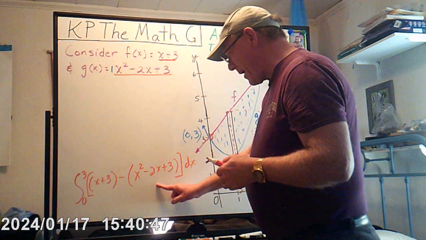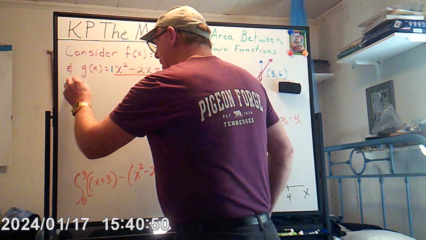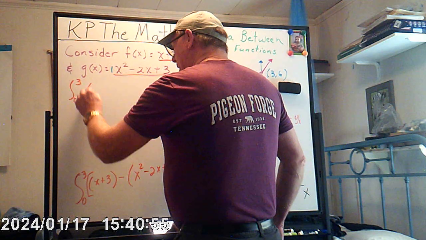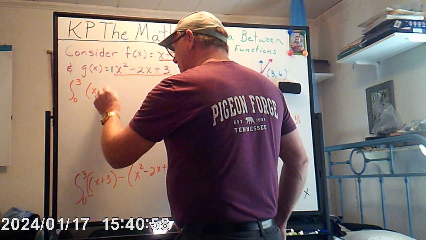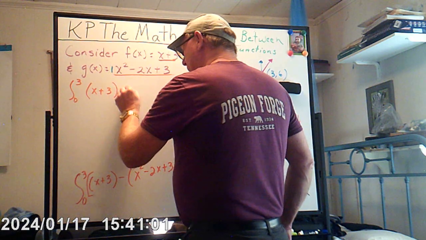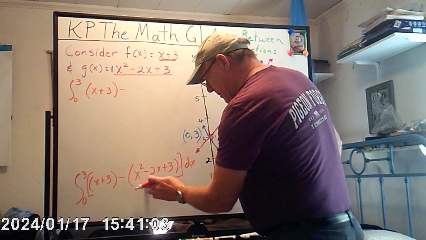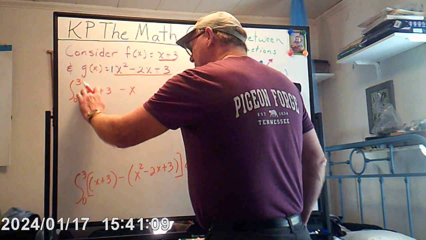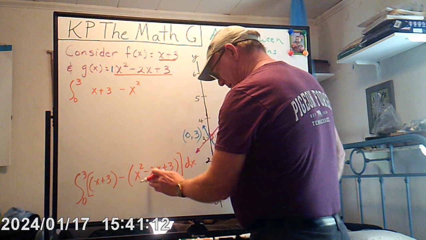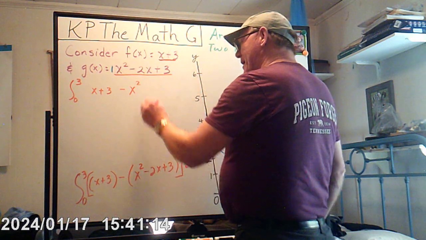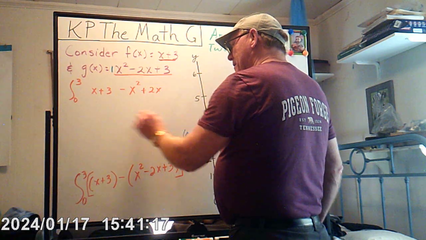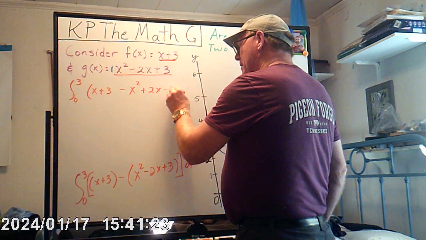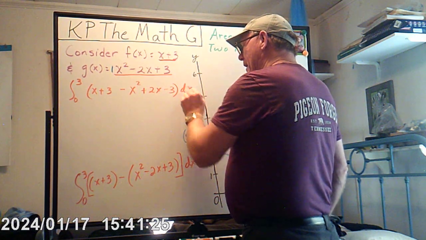Alright, so here we go. This is f minus g. Let's do a little cleaning up. So this is the integral from 0 to 3 of x plus 3 minus, okay, let's distribute the negative sign: minus x squared plus 2x minus 3, dx.